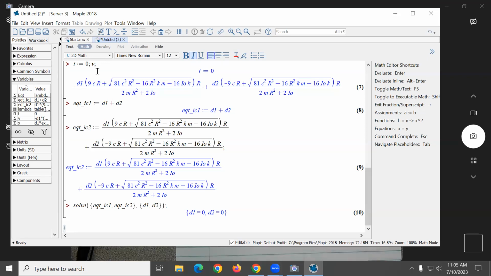Hold on one second. Look at this because I did it here in a different way. Okay. So it's overdamped. No, they're not 0, obviously.